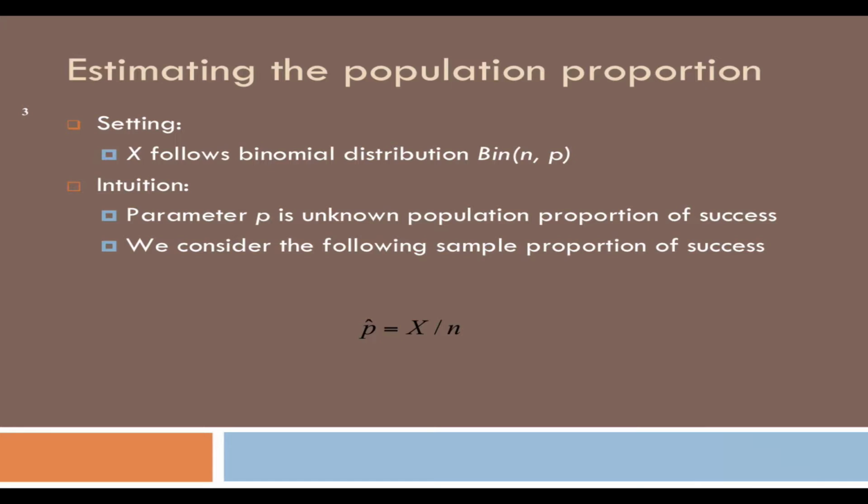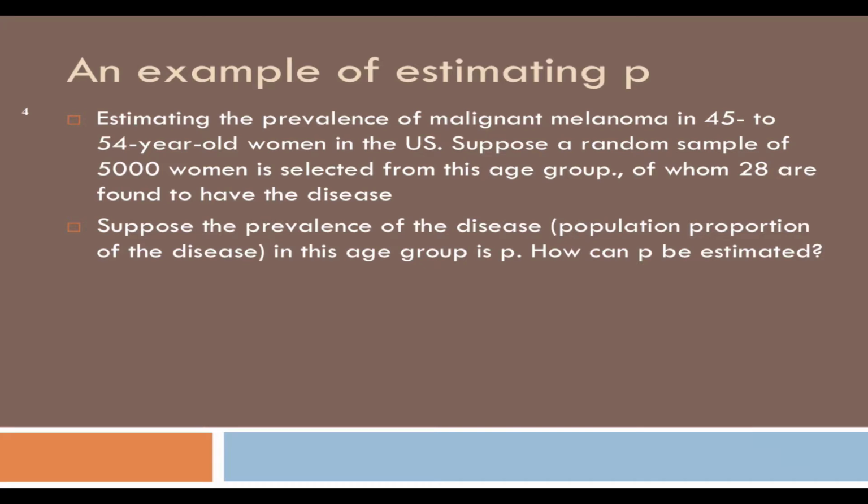What is P? P is the parameter of interest, which is the population proportion of success. So P is eventually your task to estimate. Remember, this P is not your sample proportion. It's the population proportion, and you estimate P from your sample.